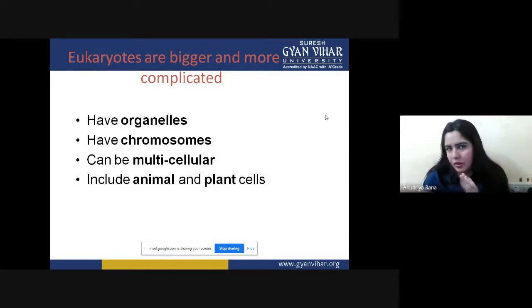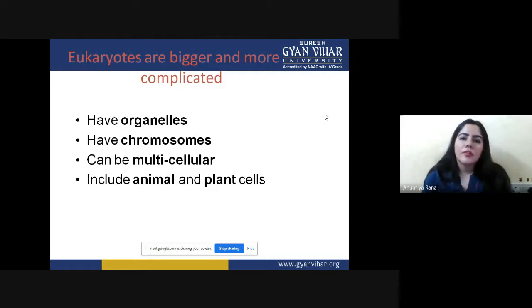They can be multicellular organisms, including animal and plant cells. They have both cells present inside the eukaryote. We cannot see this kind of differentiation in our simple prokaryote cell. They do not have the luxury to be converted into an animal cell and a plant cell.